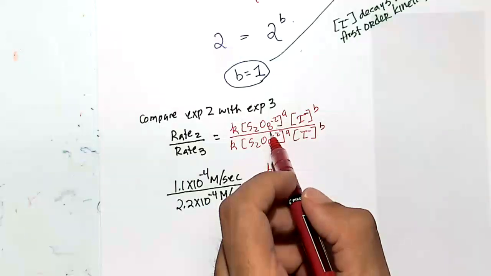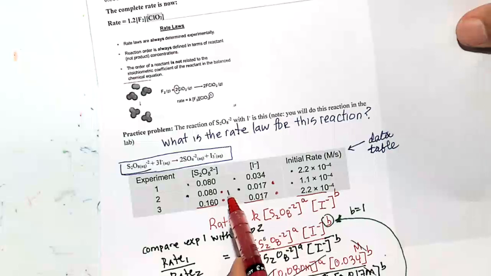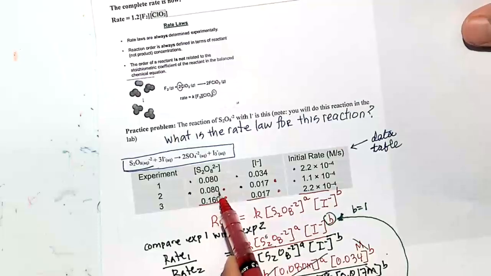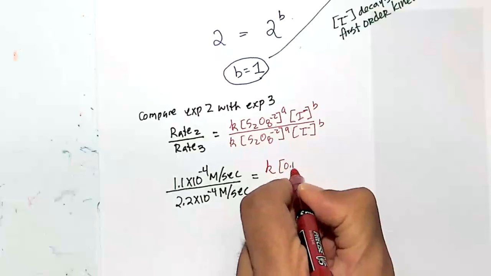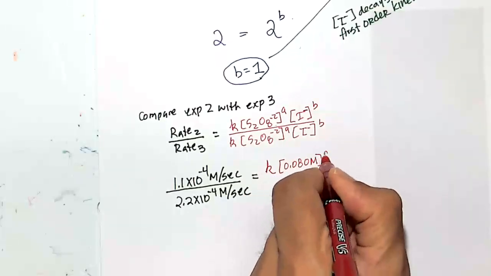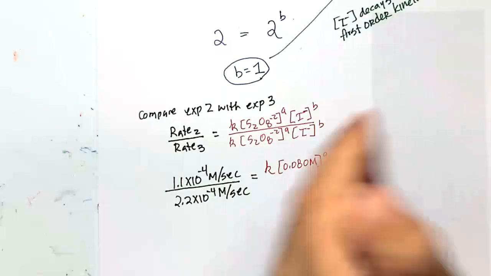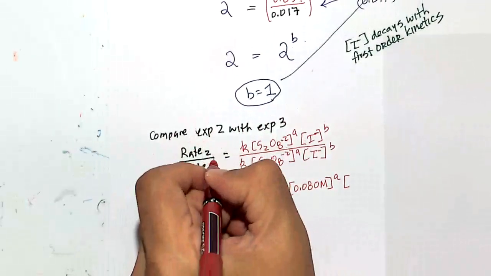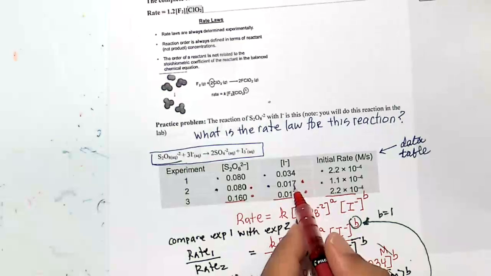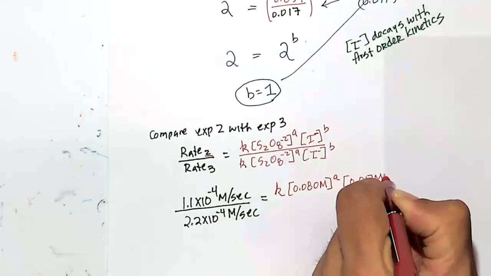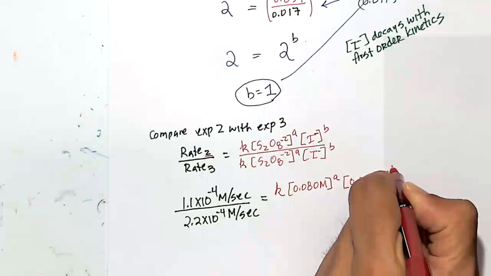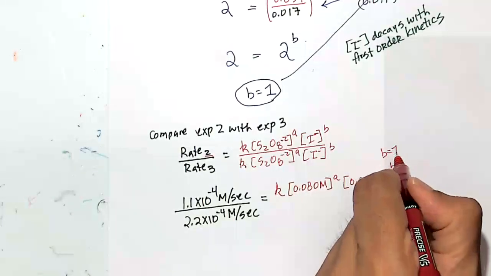What is the S2O8 2- concentration for experiment 2? It's 0.080 M raised to the power of A. What is I minus for experiment 2? 0.0107 M raised to the power of B, which we know is 1.